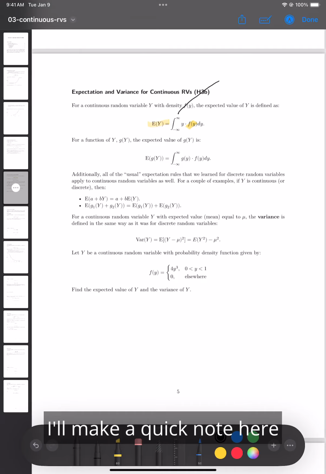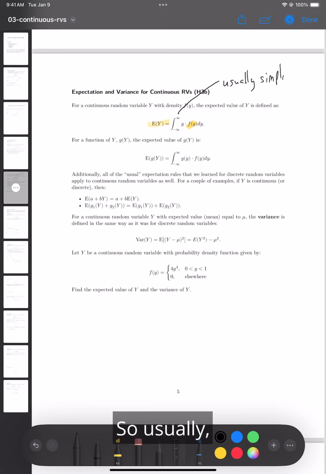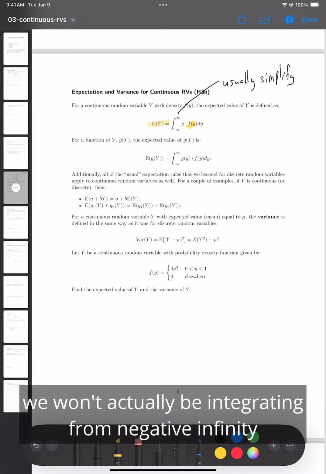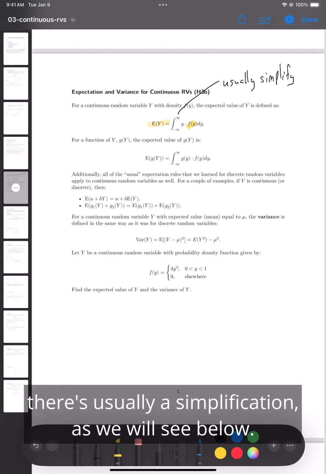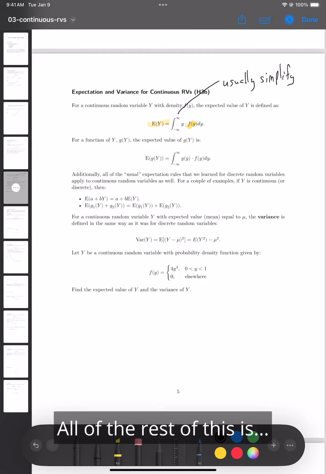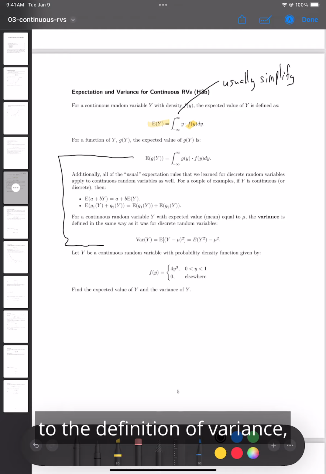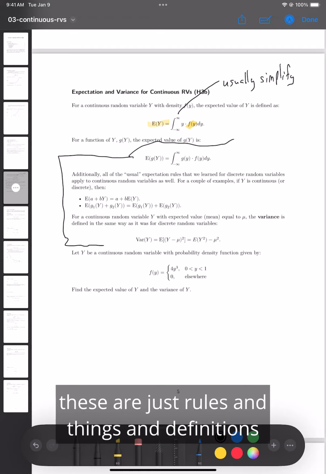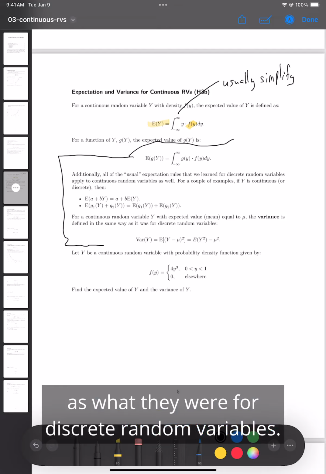I'll make a quick note here that we will usually simplify this. Depending on how the density function is defined, we won't actually be integrating from negative infinity all the way up to infinity. There's usually a simplification, as we will see below. All of the rest of this, from here all the way down to the definition of variance, are just rules and definitions that are the same as they were for discrete random variables.